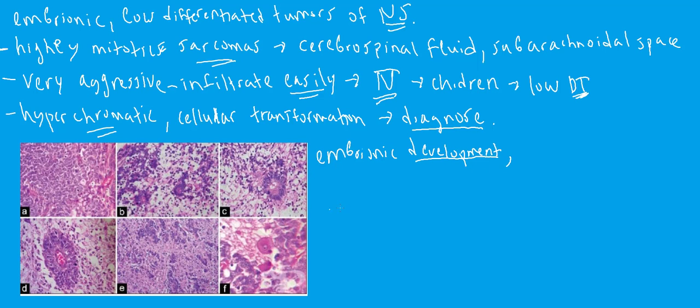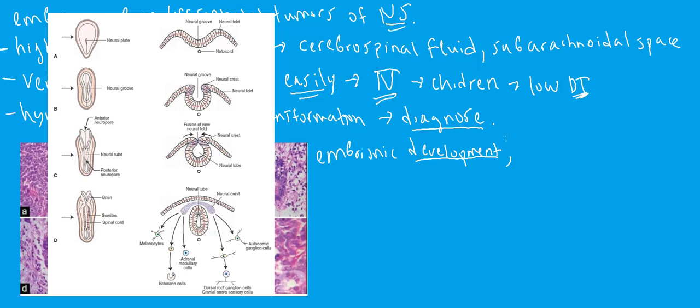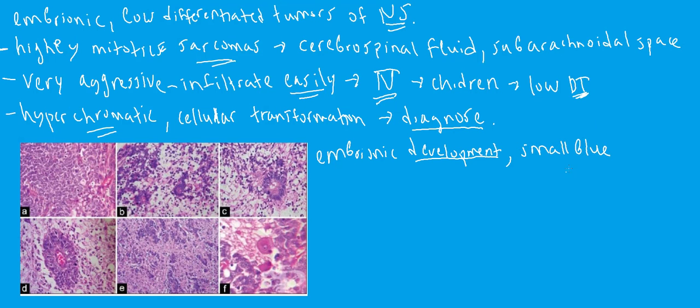As you can see from the blue color, these are also known as small blue cellular tumors. These type of tumors are very important for pediatrics because, as I already mentioned, they are very common in children, not so spread in adults.